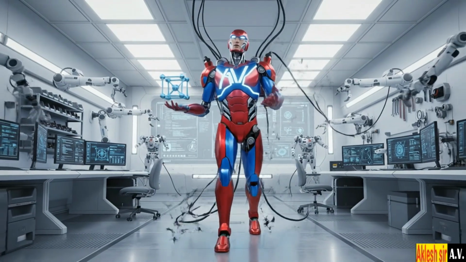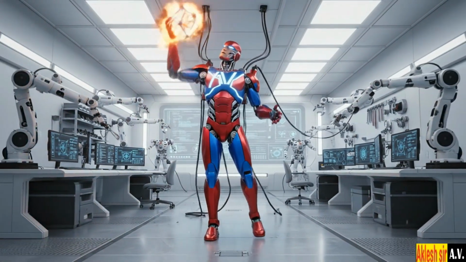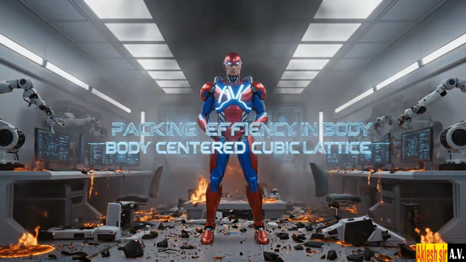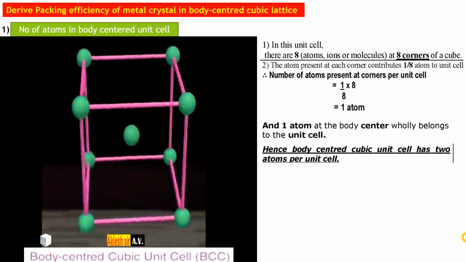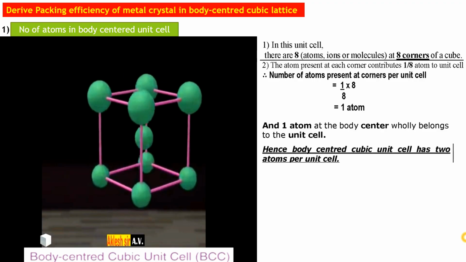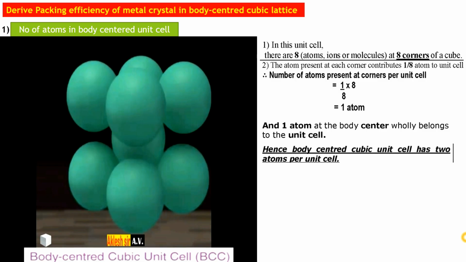Packing efficiency of metal crystal in body-centered cubic lattice. Derive packing efficiency of metal crystal in body-centered cubic lattice. Step 1. Number of atoms in body-centered unit cell. There are 8 atoms at the corner positions and 1 atom at the body center.